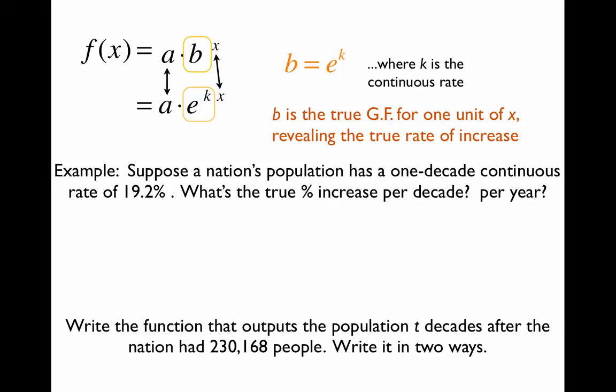It's giving you K. So does this population increase 19.2% every decade? No, it does not. How do we find the true increase every decade? e^K. Right, so this is our value of K. He said 0.192.